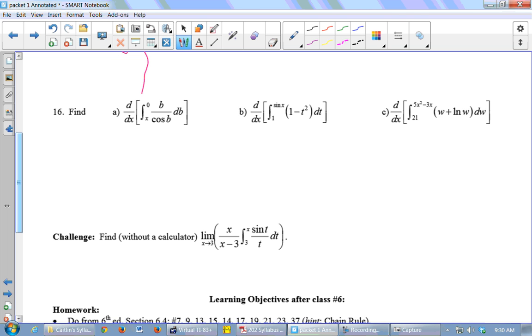When you change the bounds of integration, you just put a negative in front. So I'm going to do d dx and put the negative in front of the whole thing. Okay, so what is d dx of the integral from 0 to x of b over cosine b db?